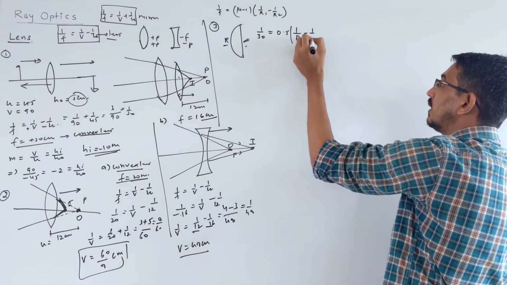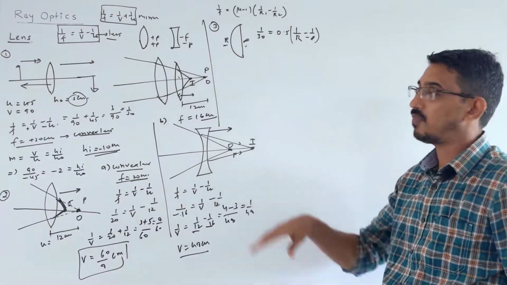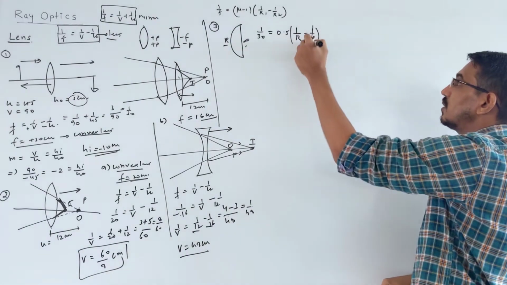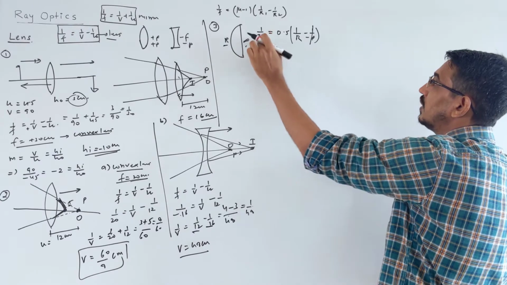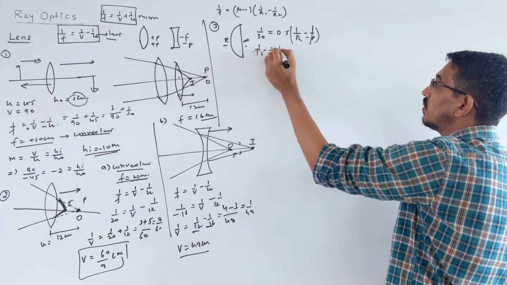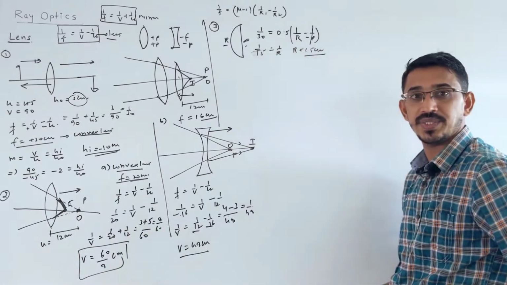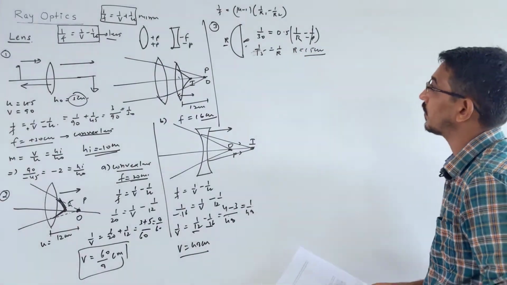So minus 1 by infinity, for a plane surface the radius of curvature is infinity, so that term is 0. So 30 into 0.5 is 15, which is equal to r. So r is equal to 15 centimeter. That's your answer, right? This is question number 3.